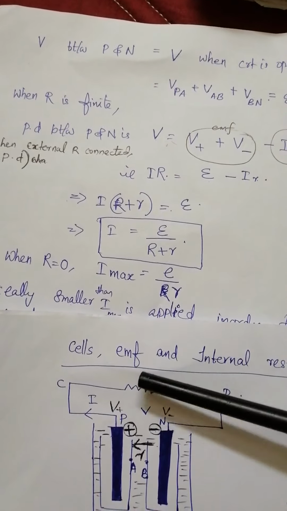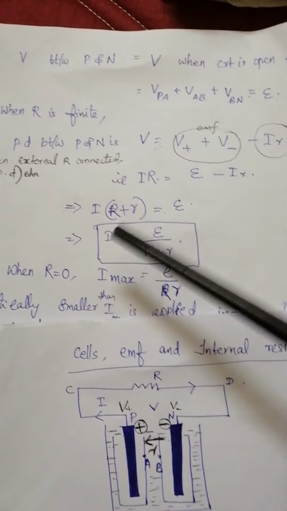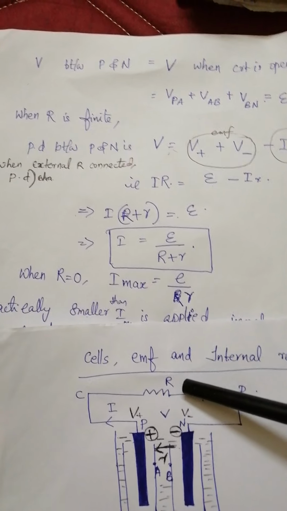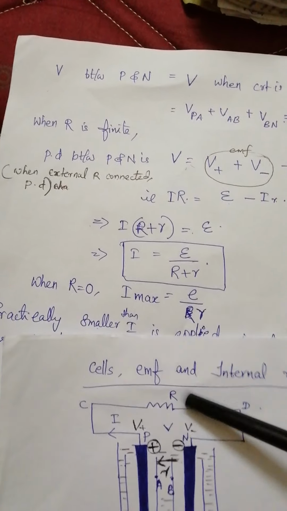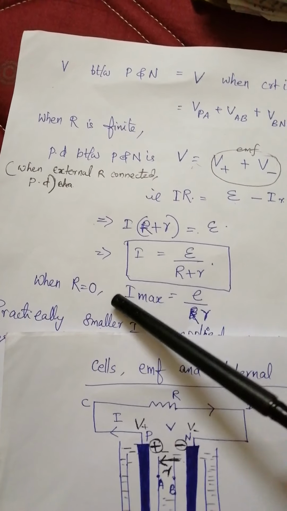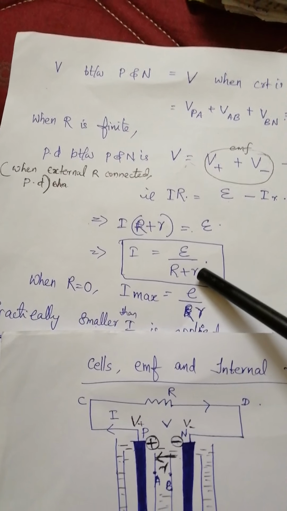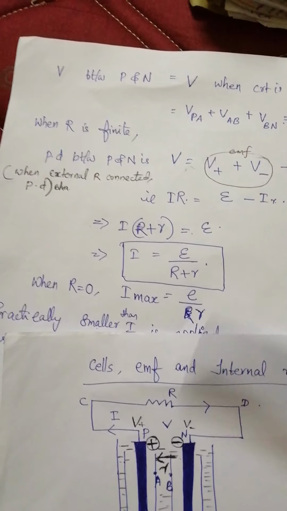If nothing is there to resist the flow of current, maximum current flows through this. When R equals 0, which is not practically possible but theoretically, I max we can write as E divided by small letter r, because we are considering R as 0, E by r.